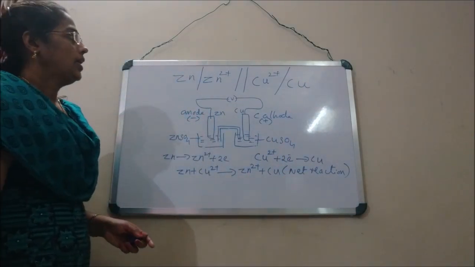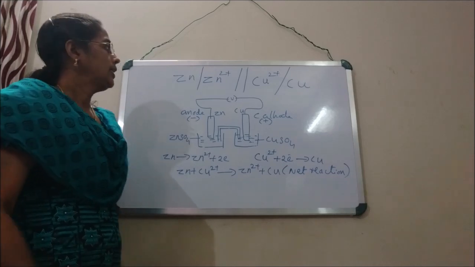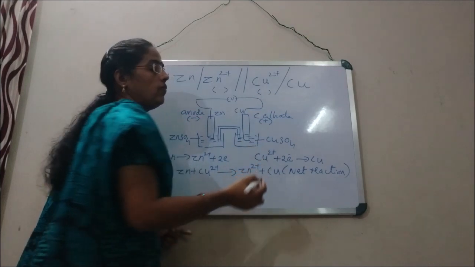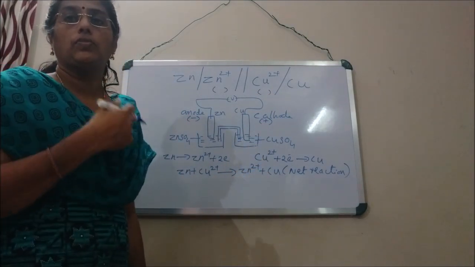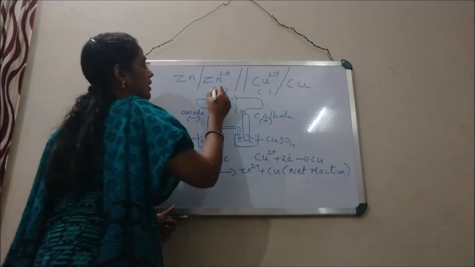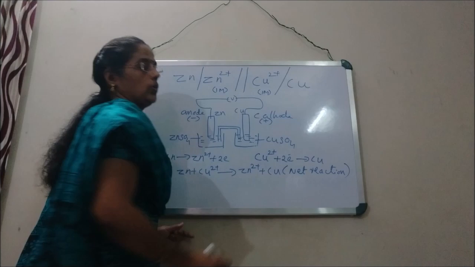If we are given the concentrations of the electrolytes, that can be written in brackets. For example, if the concentrations of the zinc sulfate and copper sulfate solutions are 1 molar, we can write it like this: 1 molar here, 1 molar here also.